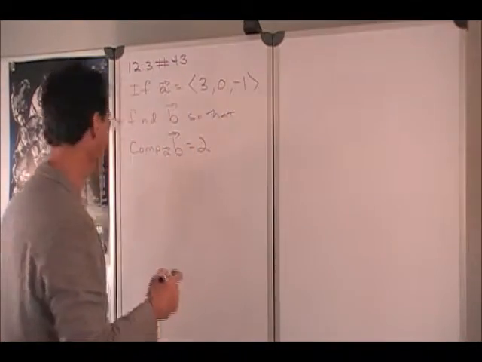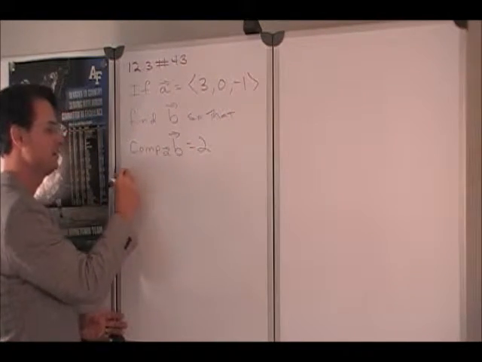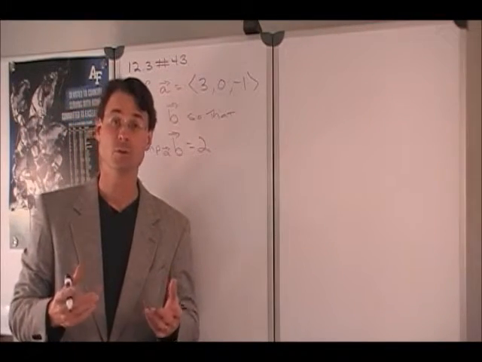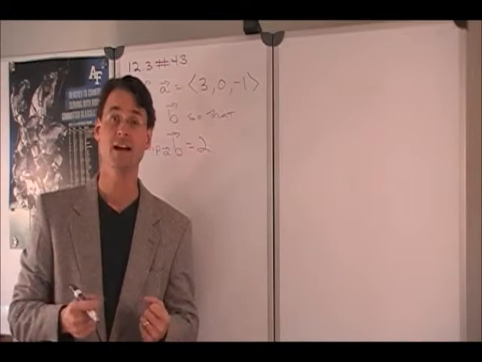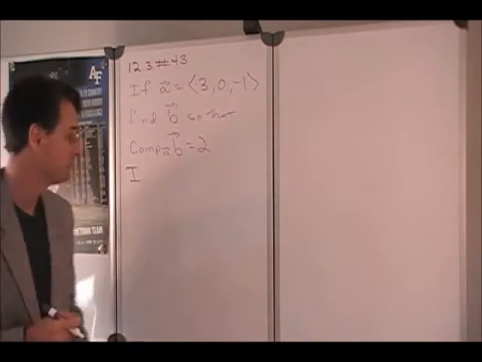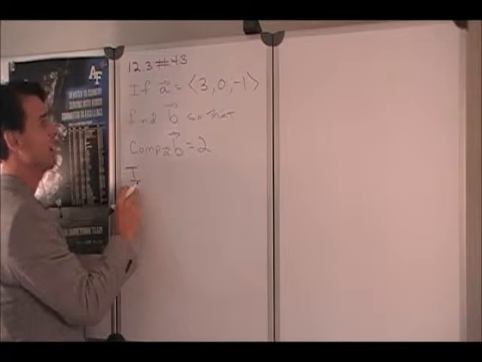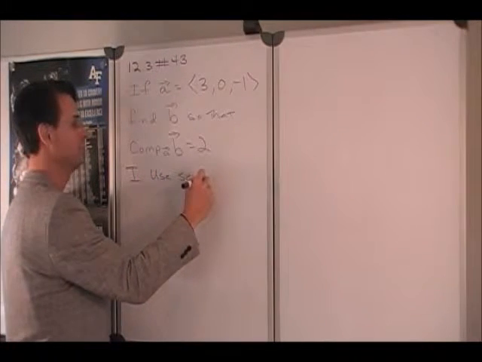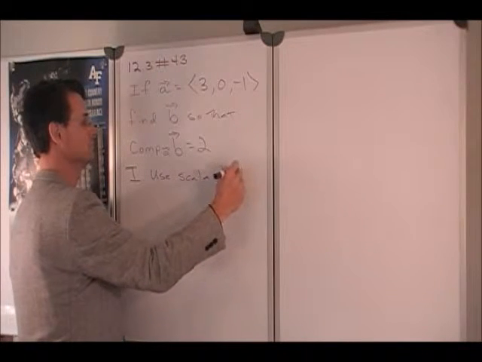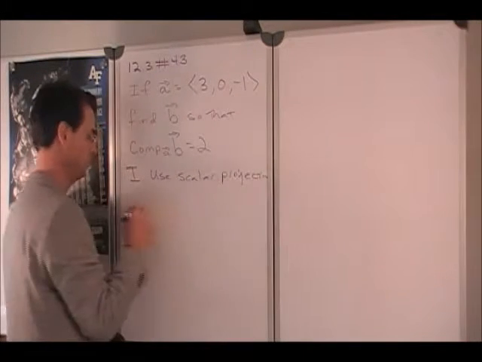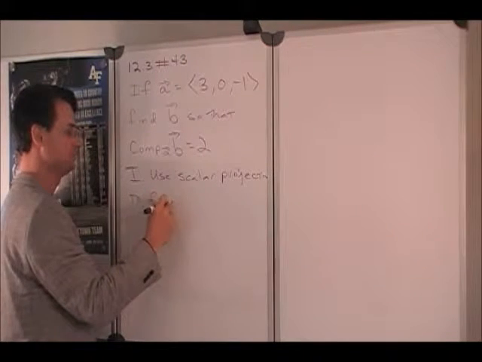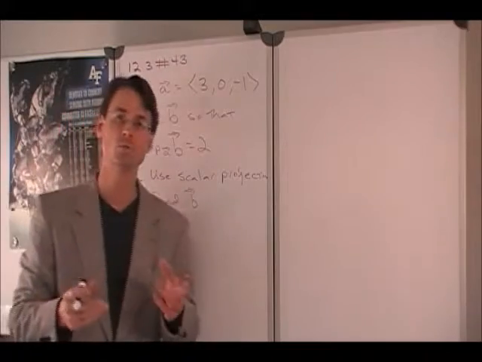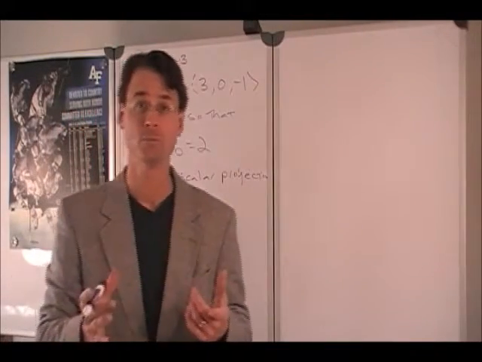But let's go ahead and use our IDEA problem solving format, where I means to interpret or to identify the big idea that's necessary to solve the problem. So for I, we want to use the scalar projection to find the vector B. And let's interpret this a little more, because what does it really mean to find the vector B?